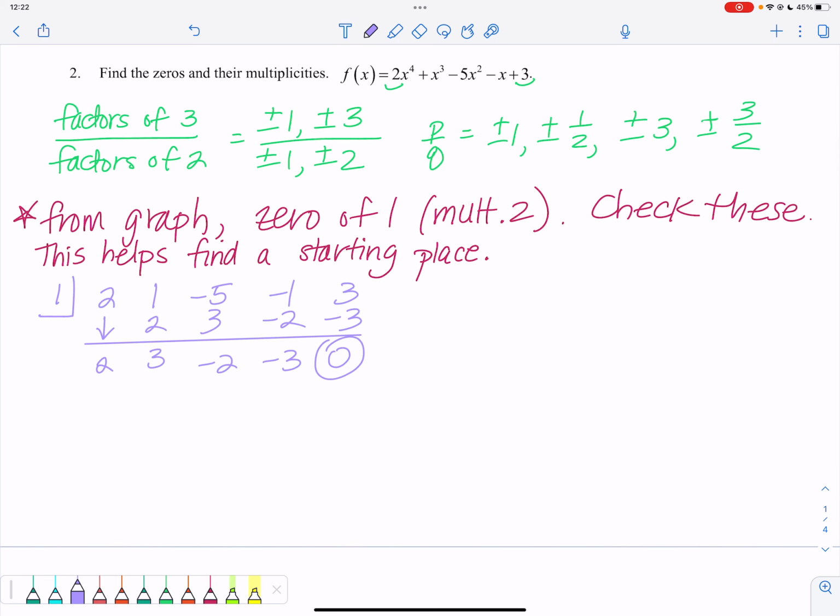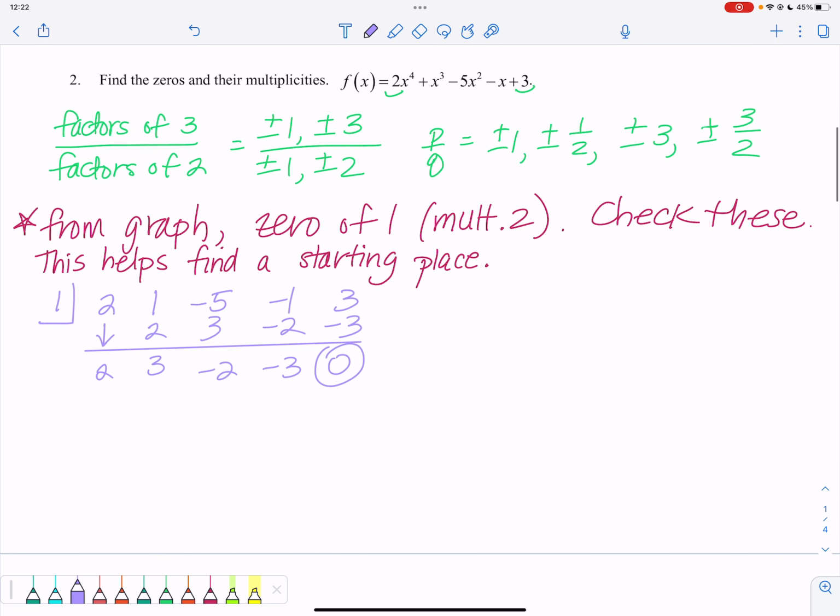Now we are going to work on a back-to-back synthetic division, but let's see what we have so far. What we have so far is that 2x cubed plus 3x squared minus 2x minus 3 is a factor.